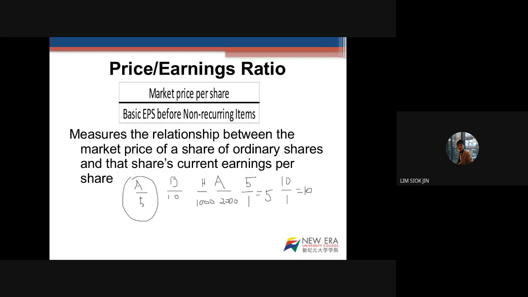So what do you think A is? More expensive. Yeah, but what example of a company do you think is A? What brand?